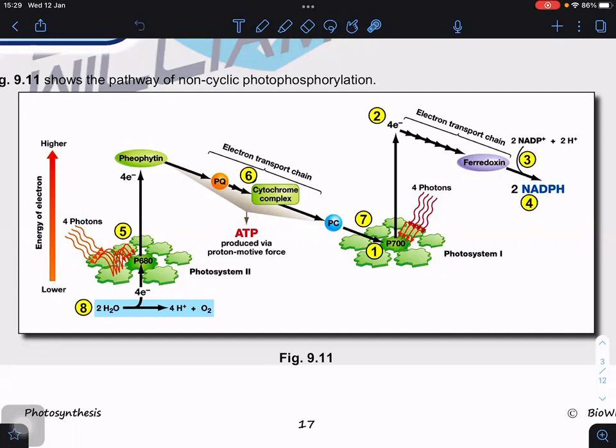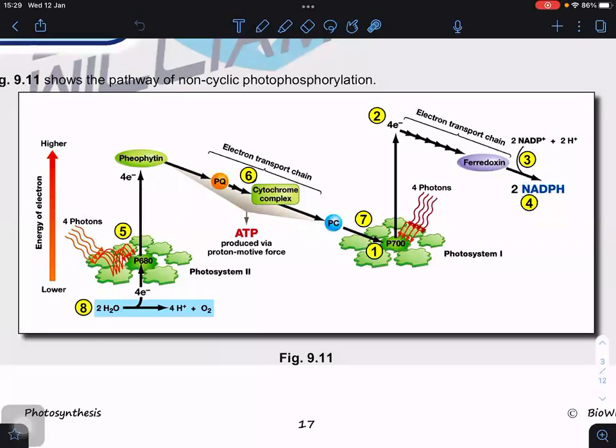Still remember chemiosmosis in the mitochondria? This chemiosmosis allows the formation of ATP. Can you see that? So these electrons from photosystem 2 flow across this electron transport chain and are finally received by photosystem 1. So it means that I have replaced them already.